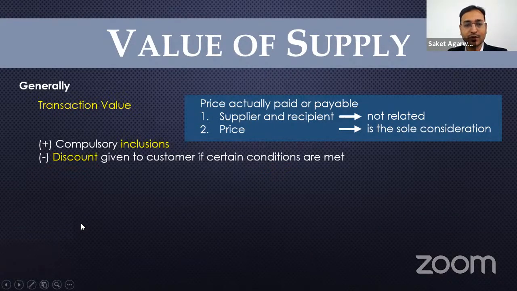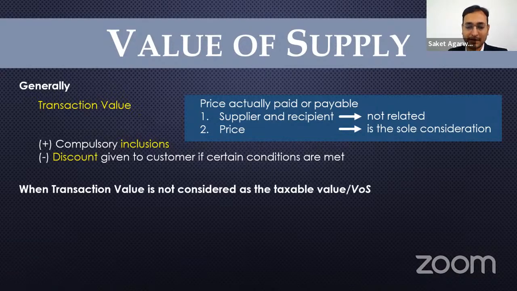Okay. Now this was the situation generally. What about those situations where these conditions are not there? Let's say supplier and buyer are related. Let's say price is not the sole consideration. Then what to do? Then we can't go for the transaction value. That is clear. We cannot go for the price mentioned on the invoice. Then what value should we go for?